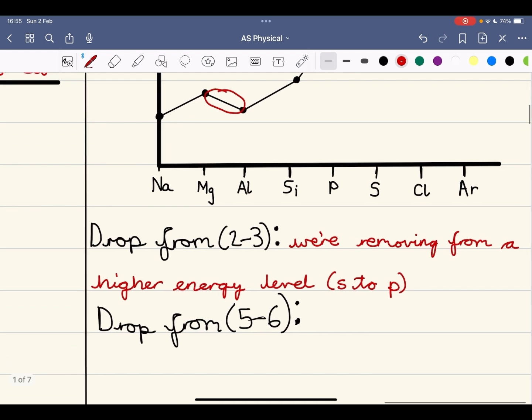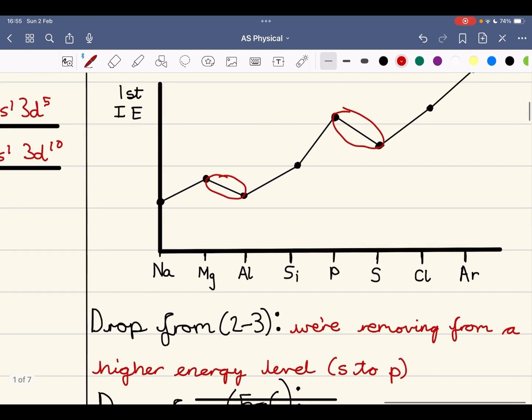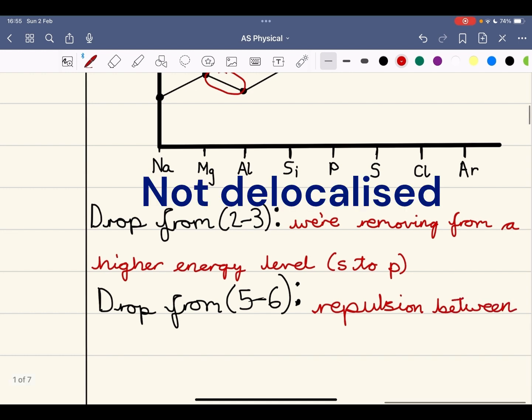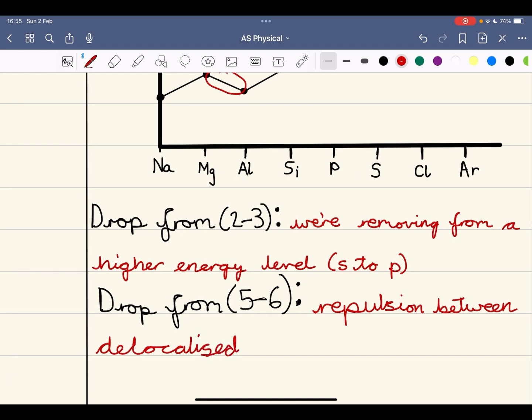And then the drop from group 5 to group 6, which is phosphorus to sulfur, is because of the repulsion between electrons in the same orbital.